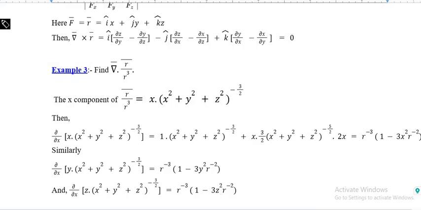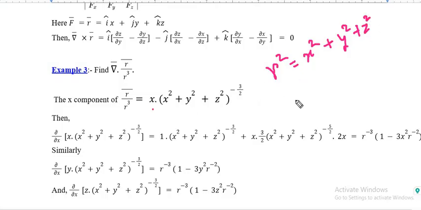Now we are writing the x component as x into x square plus y square plus z square to the power minus 3 by 2. Because r square is represented as x square plus y square plus z square.